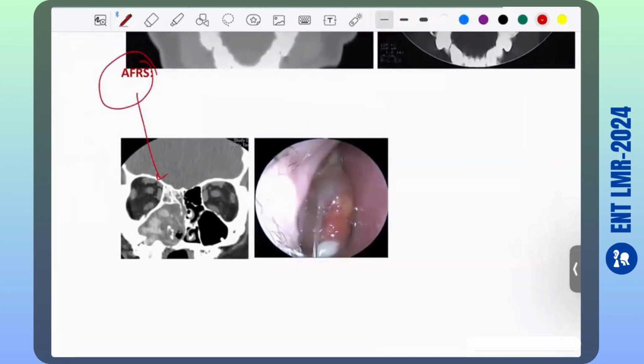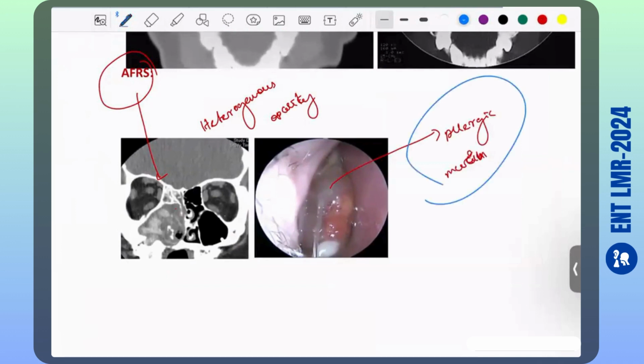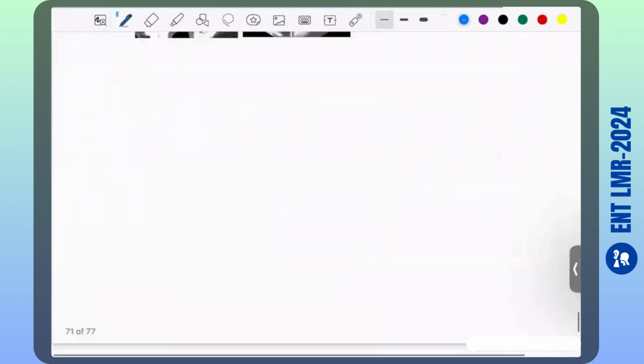This is not uniform opacity. This is heterogeneous opacity. They ask this question, very important. Heterogeneous opacity. Can confirm with allergic mucin seen on endoscopy.